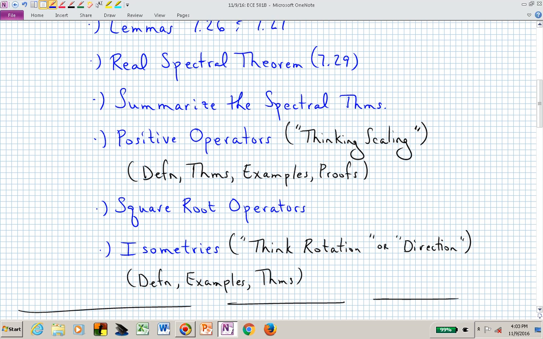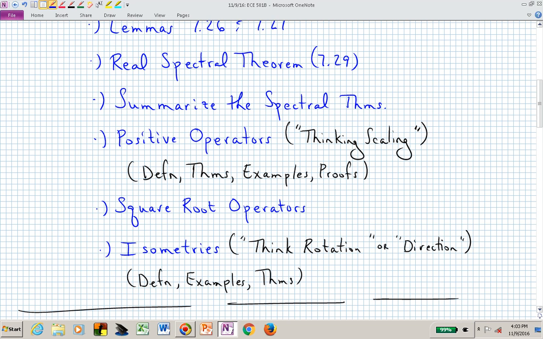And that's going to require that we start talking about positive operators, which means how do they scale, contracting or expanding. That's what I mean by scaling. How do you adjust the length or the magnitude? That's the positive operators. We'll talk about definitions, theorems, proofs, examples.